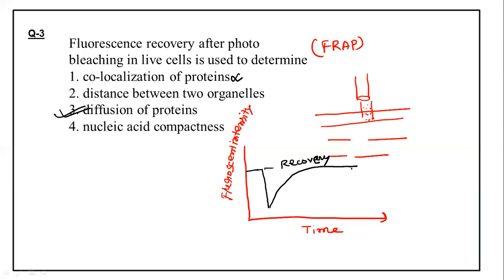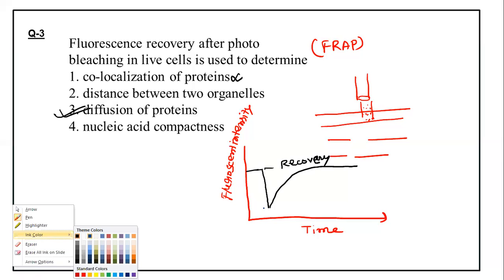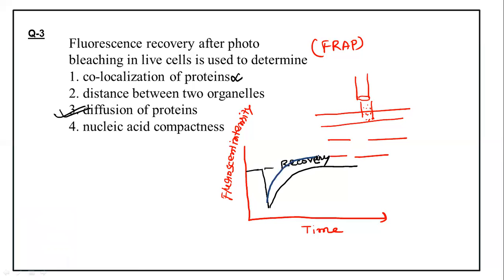Different graphical analyses also came in previous questions. Suppose they give 3 or 4 different graphs, and from that you have to predict which one is the integral protein, which one is freely diffusible or has a higher diffusion rate, and you can calculate the diffusion rate of the protein, right? And whether the protein is membrane bound or freely diffusible can also be predicted by the FRAP experiment.